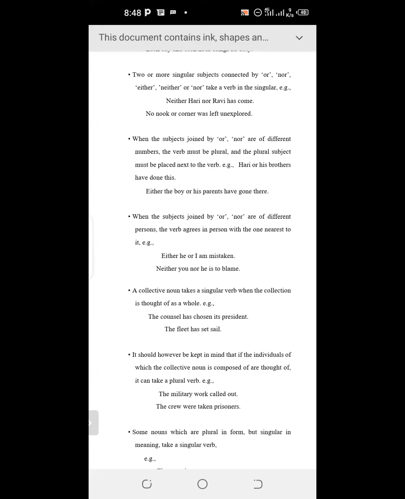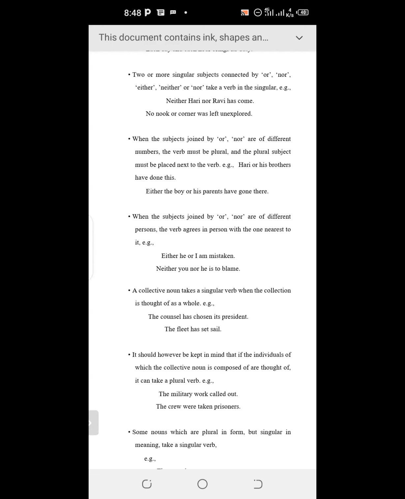वो इसलिए होगी that the singular verb is accepted in which situation, when on both sides the subjects are singular. And if on one side the subject is singular and on the other side the subject is plural, in this case you will have to go for the plural verb. You cannot say that Harry or his brothers has done this.